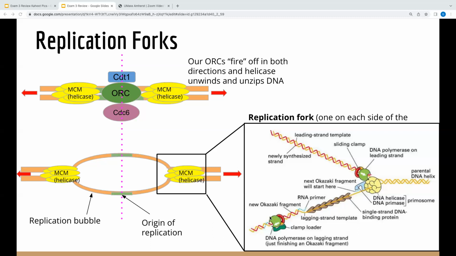So you need to have many of them made over and over again as the replication fork moves this direction, because the replication fork is moving in this direction while replication is moving in this direction down here. And you'll also need DNA ligase to connect these pieces of DNA that will be the Okazaki fragments.